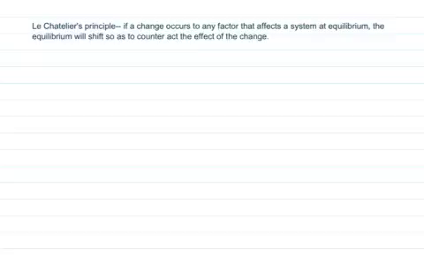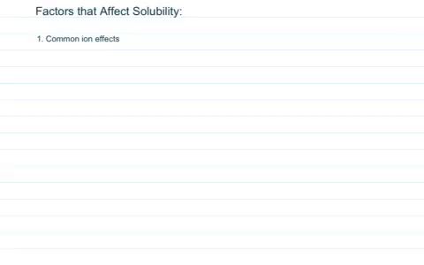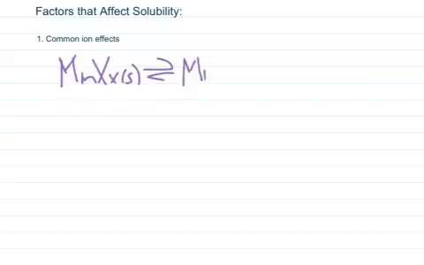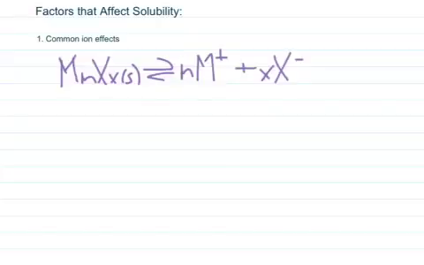Now let's go into other factors that are going to affect the solubility. So the first factor that affects solubility is the common ion effect. So if I give you a compound, I'm just going to draw a simple one, and we break it up into its ions.